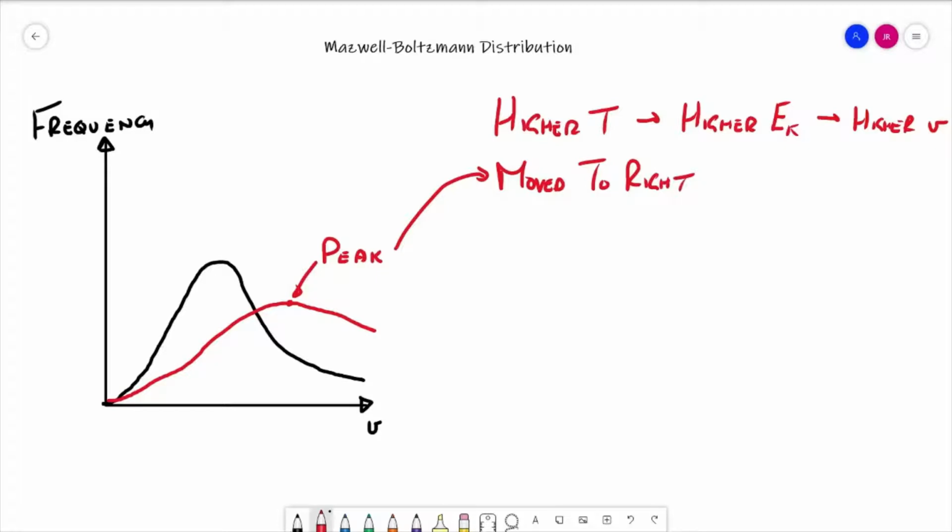Now, of course, it's moved to the right very simply because the molecules now have a higher speed. You'll also note, though, that the peak is lower. The reason why the peak is lower, we need to think about what the area underneath this graph represents.